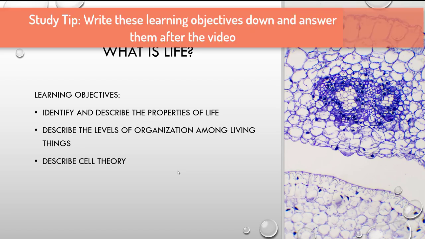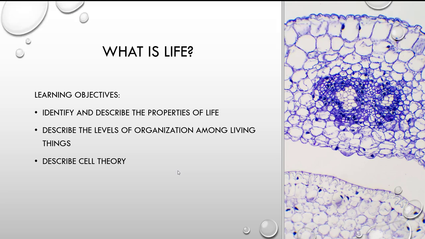So our learning objectives, we have 3 learning objectives, just like we did for topic 1. Always a good idea to write these down and then after the video answer them or write some notes about them. So the first objective, by the end of the video, you should be able to identify and describe the properties of life.